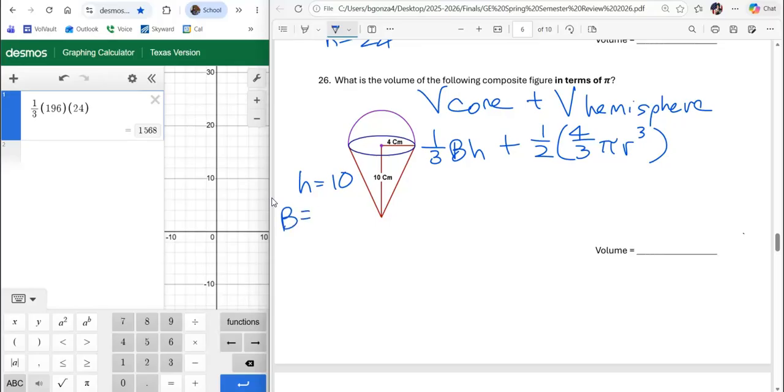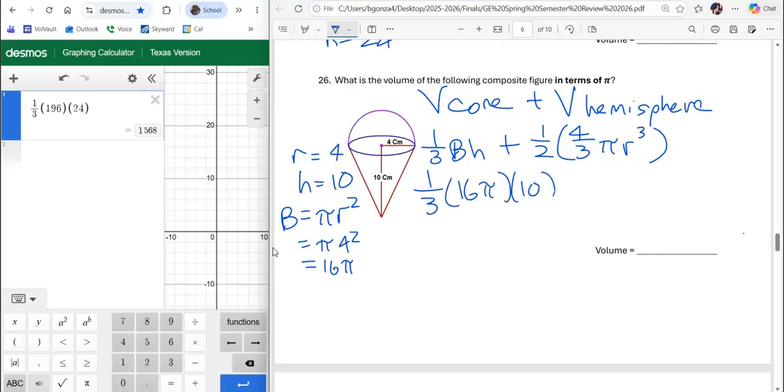Big B, the area of a circle, is pi r squared. Now what is the radius? 4. Pi times 4 squared is 16 pi. So 1/3 times 16 pi times 10 plus 1/2 times 4/3 pi times 4 cubed. It's a lot. Let's put it in.